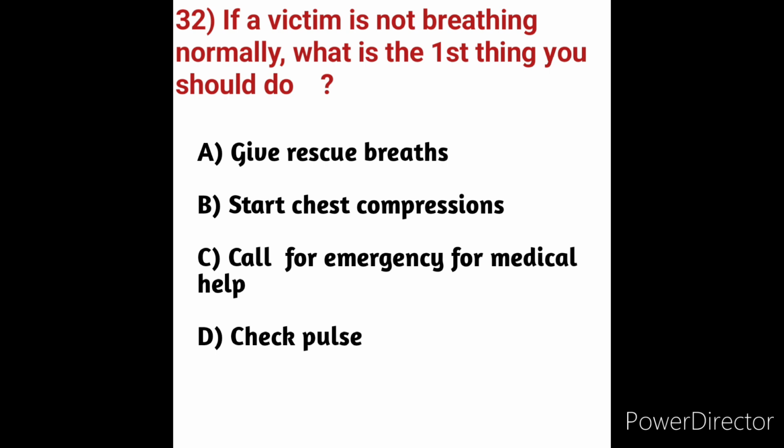Here the victim is not breathing normally and the first thing to do is call for emergency medical help. Option C is the correct answer. If there is no pulse, check the pulse within 10 seconds and immediately start CPR. So option C is the correct answer.